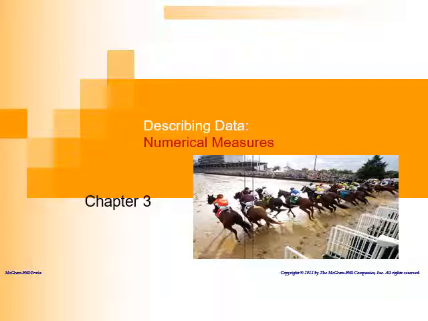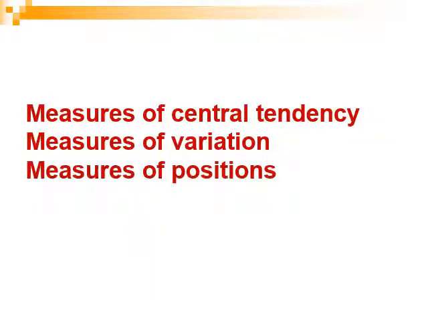In this chapter, we will show a statistical method that can be used to summarize the data. In this chapter, we have three main measures. Number one, the measures of central tendency, or what's called the measures of location. These measures will be introduced in the first part of the chapter and show us the location of the data, and the value that all the data are surrounded around.